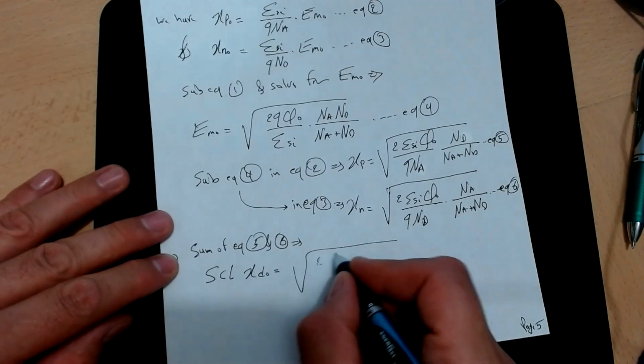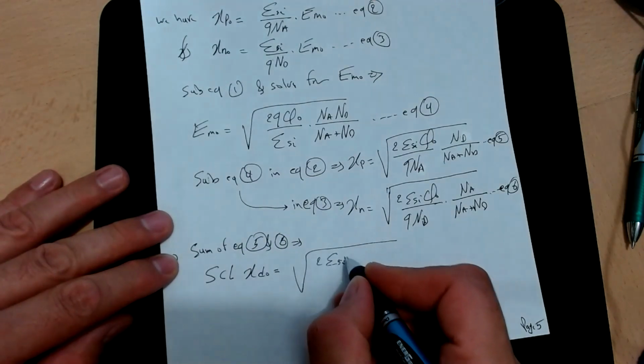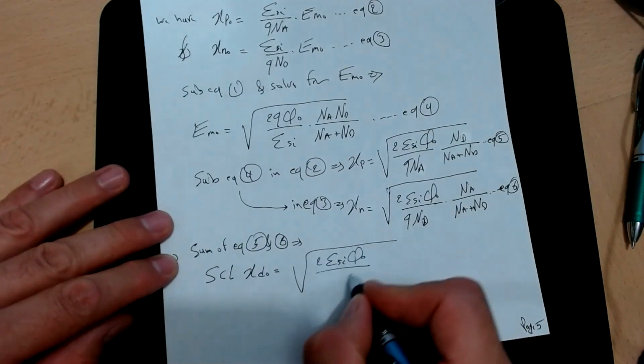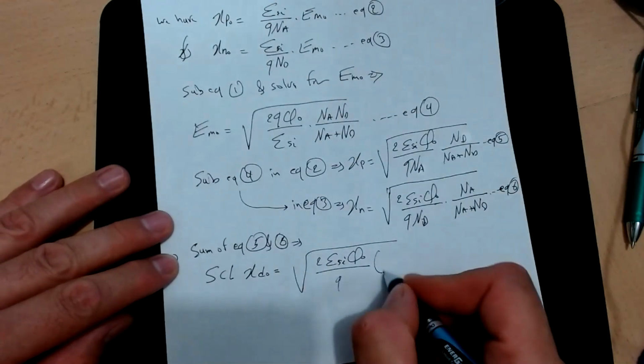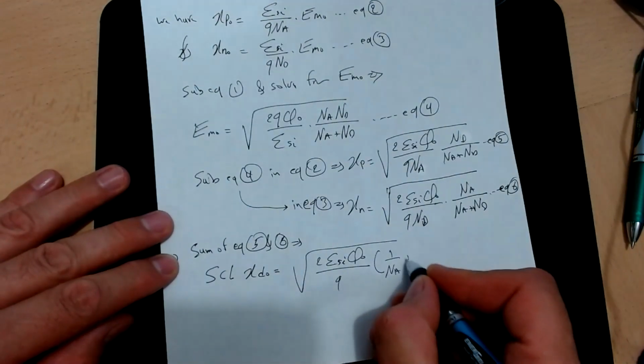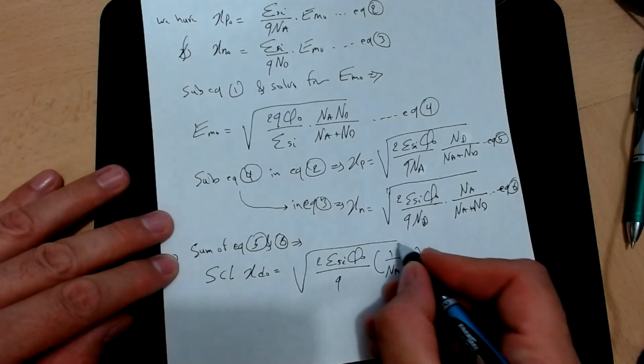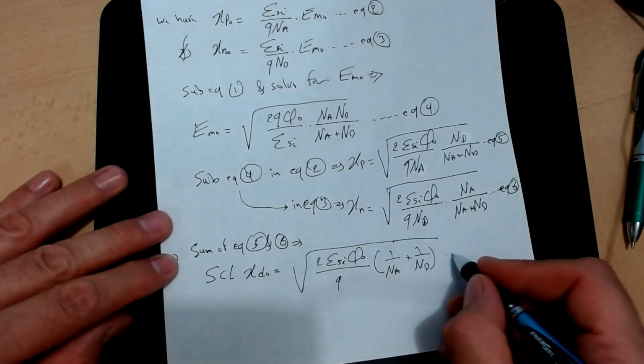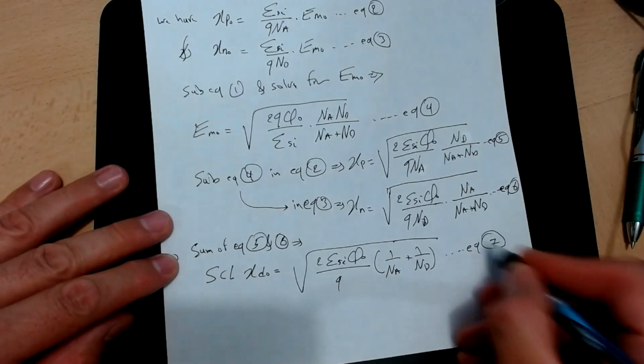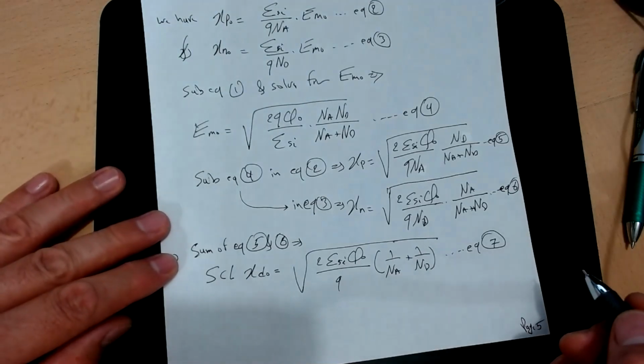Square root of 2 epsilon for the silicon, phi 0 over Q, times 1 over NA plus 1 over ND. And we're going to consider this as number 7.